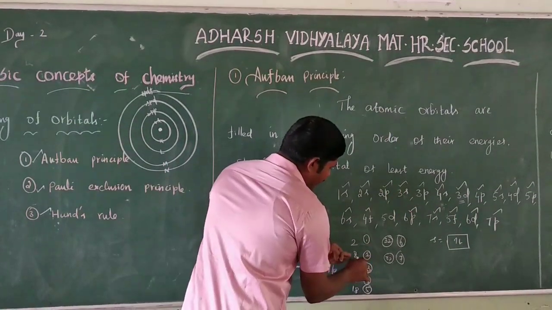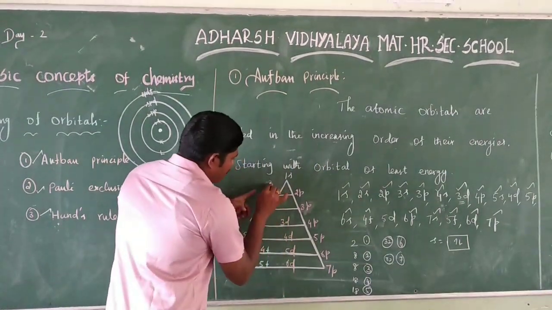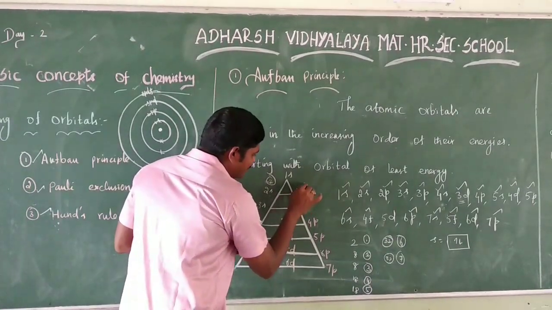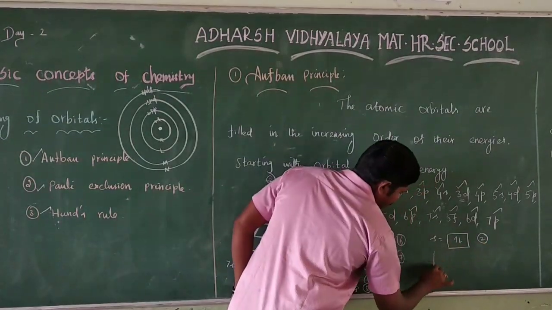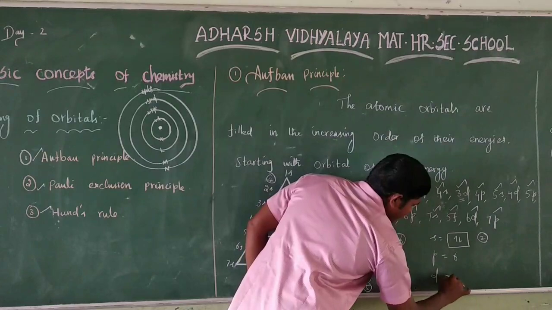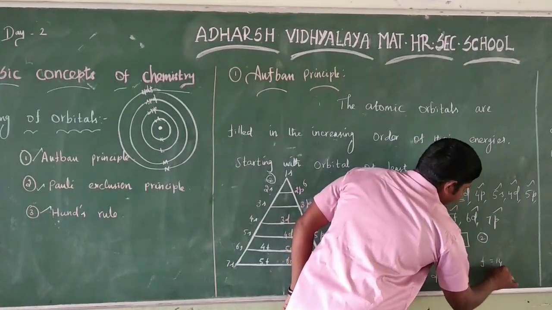The second row contains 8 elements. The s orbital holds a maximum of 2 electrons, p 6 electrons, d 10 electrons and f 14 electrons.